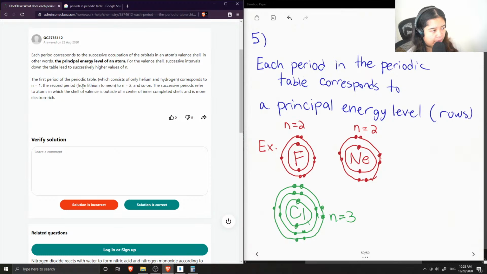The second period from lithium to neon is N equals 2, and so on. The successive periods refer to atoms in which the valence shell is outside of a center of inner completed shells and is more electron rich. Yep, so this solution is correct.